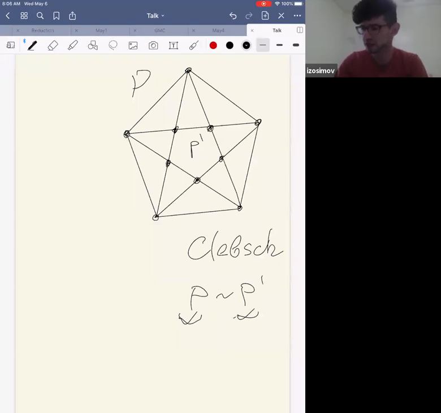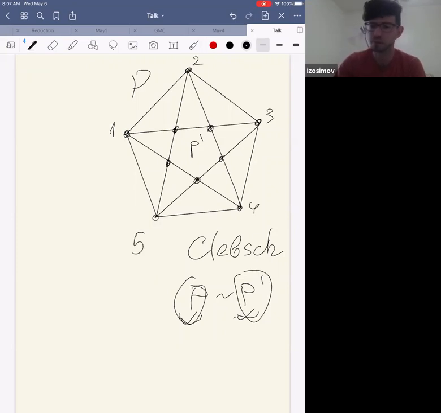This can be made a little bit more precise, because when we say that there is a projective transformation taking P to P prime, we should specify which vertex goes to which vertex. Here we label the vertices 1, 2, 3, 4, 5.